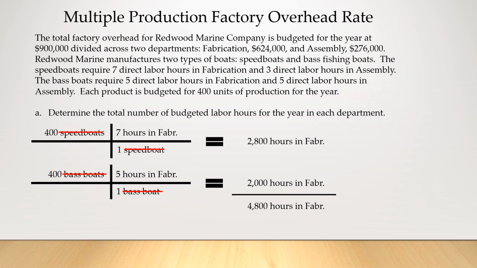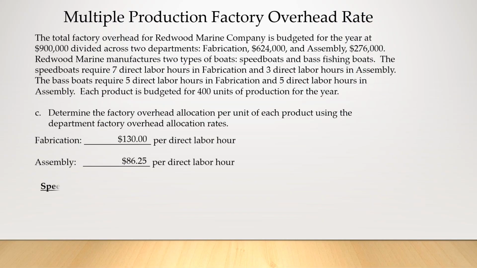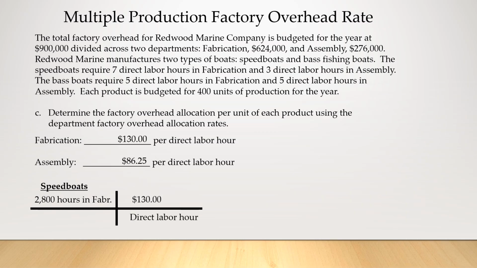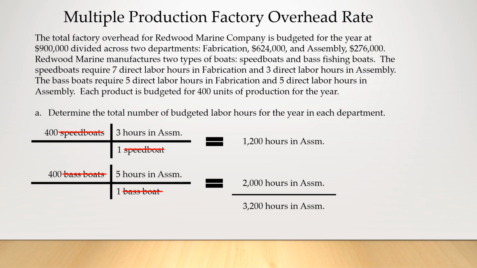Starting with speedboats, these items required a total of 2,800 hours in fabrication. Multiply hours in fabrication by that department's allocation rate, and total fabrication allocated to speedboats is $364,000. From Part A, speedboats also required 1,200 hours in assembly.